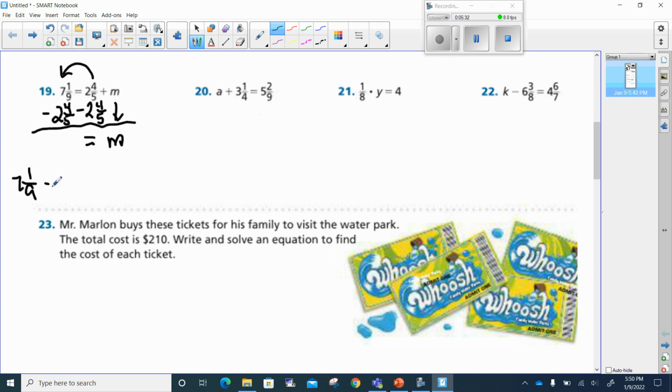We're subtracting 2 and 4/5. We know that we have to get the bottom numbers the same. So I'm going to multiply 9 by 5 and 5 by 9 because we know that this will give me 45 and this will give me 45. So we know these are both going to turn to 45 on the bottom, right?